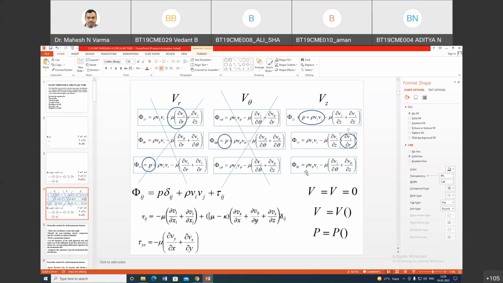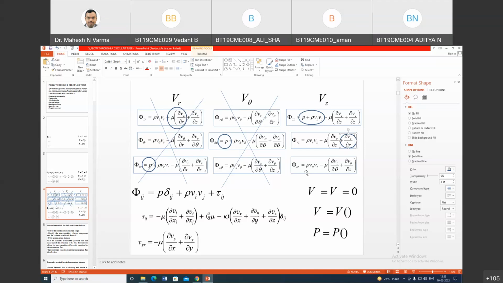Theta varies from, what is the minimum and maximum limit of theta, Vedant? From 0 to 180. Yes, sir. 0 to 180 degree for theta, and z varies from, Vedant? Z will be from 0 to L. Very good.